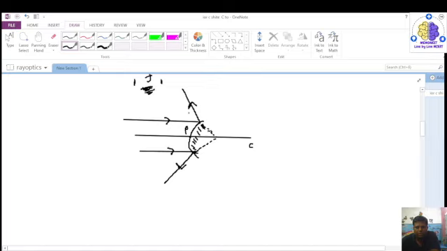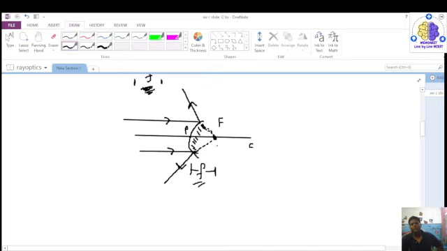But after reflection, when we produce them in the backward direction, we find that they appear as if they are coming from the same point. So this point from where they appear to come is known as the focus for a convex mirror, right? So this is the focus, and the distance between the pole and the focus is known as the focal length.